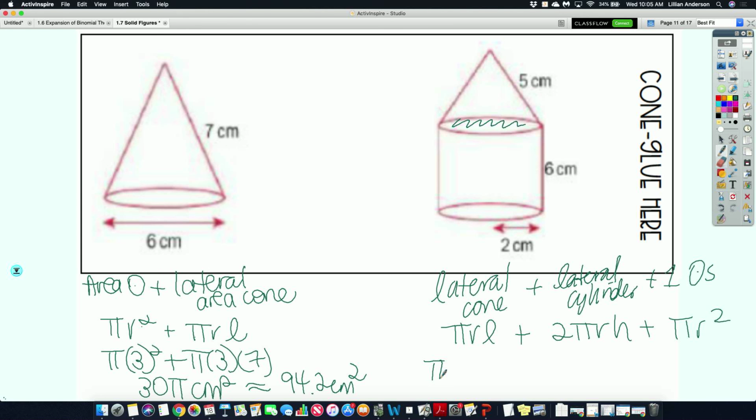When you plug in all your information, your radius is, slant height is, your height is, and I have everything that I need.